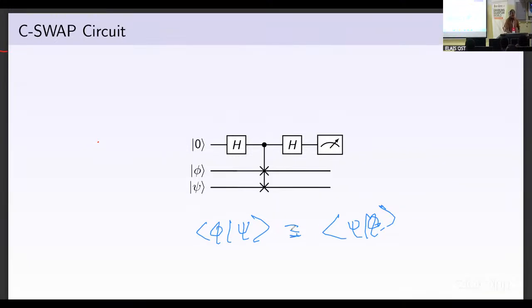So this is the quantum circuit that does it. We have a Hadamard, a controlled swap, another Hadamard, and we measure, and we get the overlap. So how does it work? This is the simplest method to get the inner product of any two states. Simplest quantum circuit.